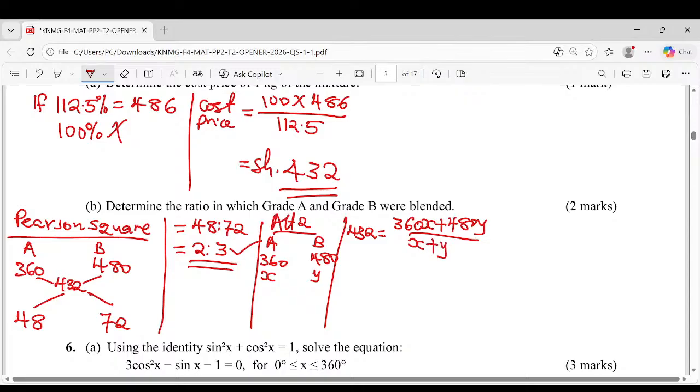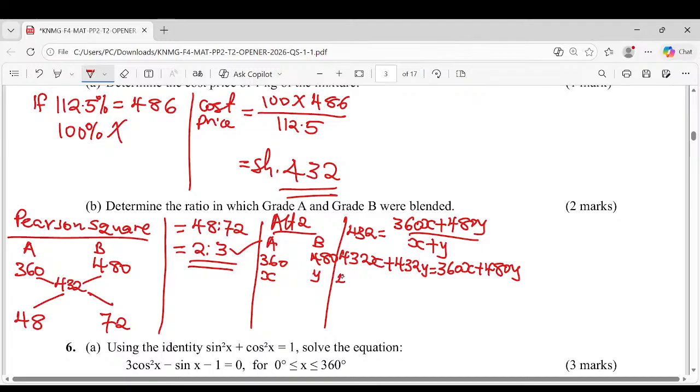When I cross multiply, I get 432x plus 432y is equal to 360x plus 480y.